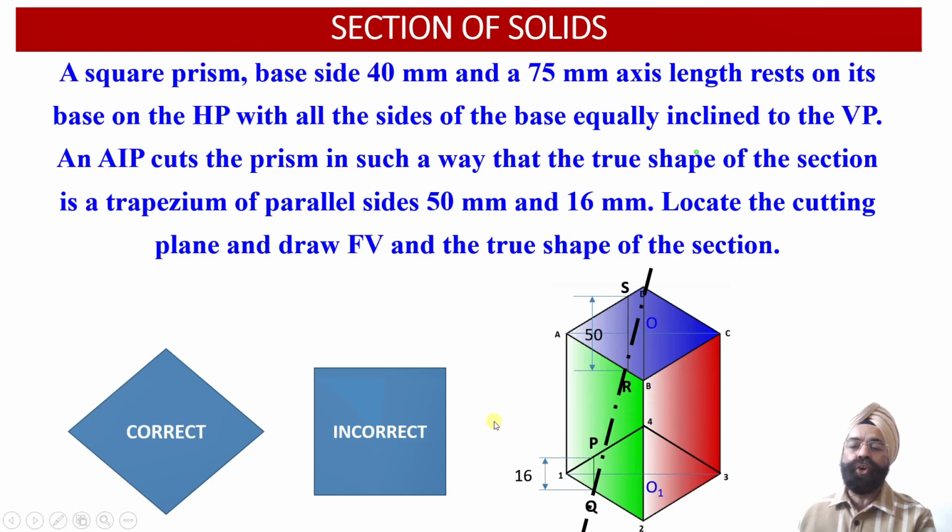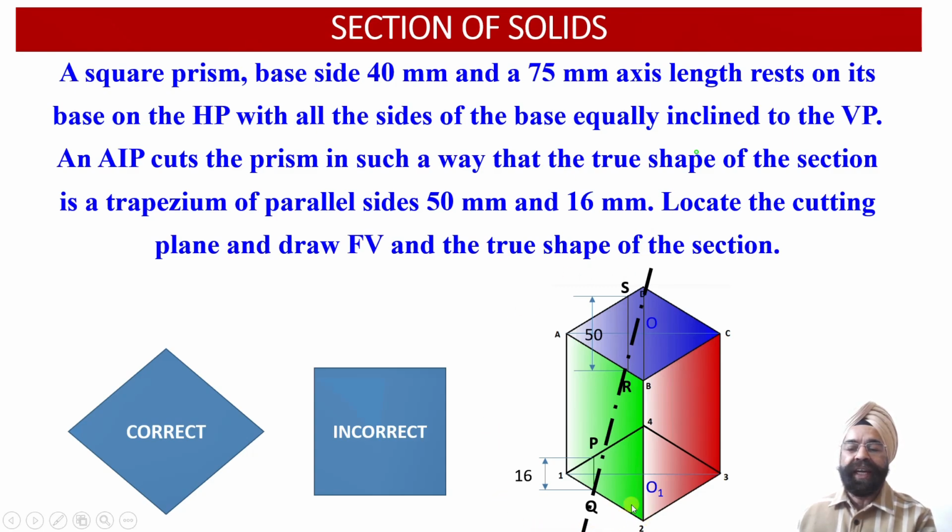So here we have assumed that the cutting plane does not pass through this half of the square prism, which is lying on the right hand side of the axis. This has not been cut by the cutting plane, whereas the cutting plane is passing through half of the square prism which is lying on the left hand side of the axis.